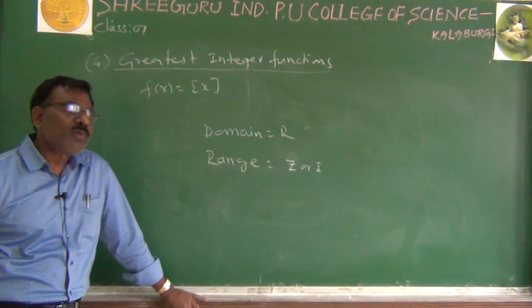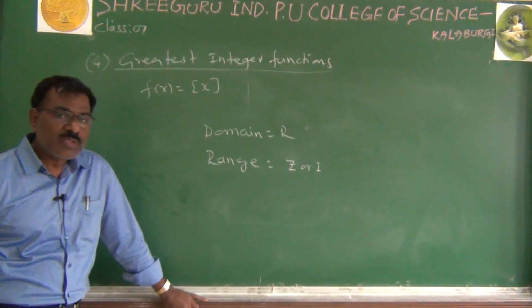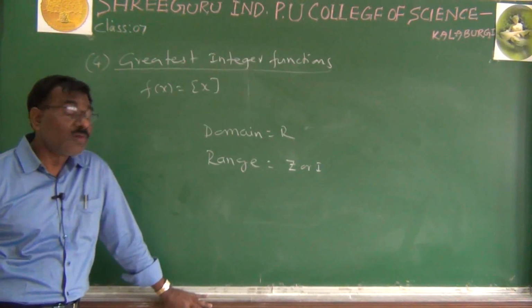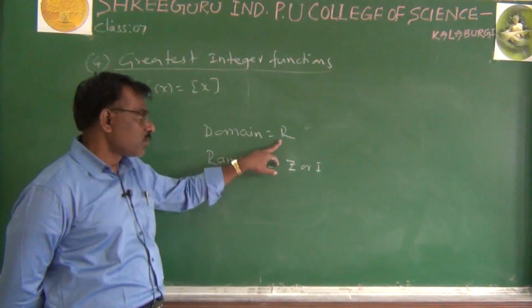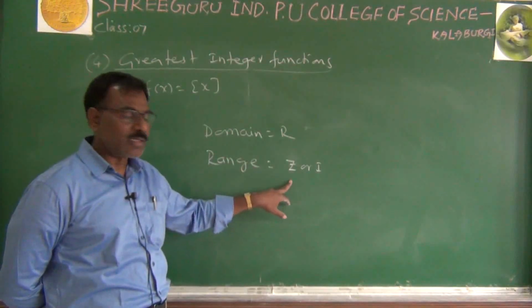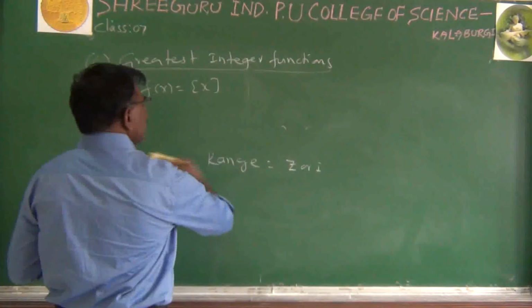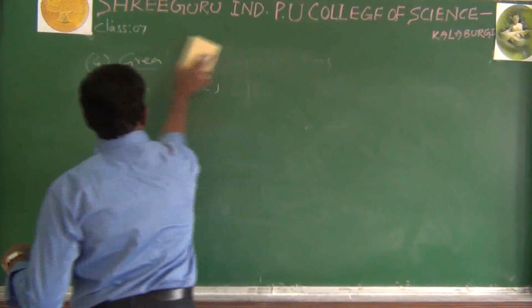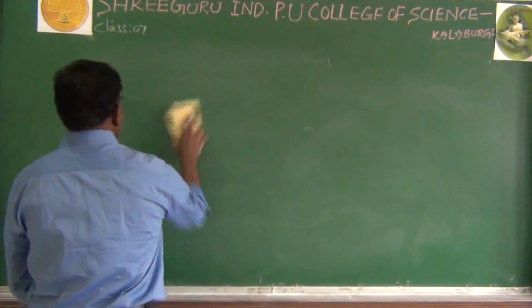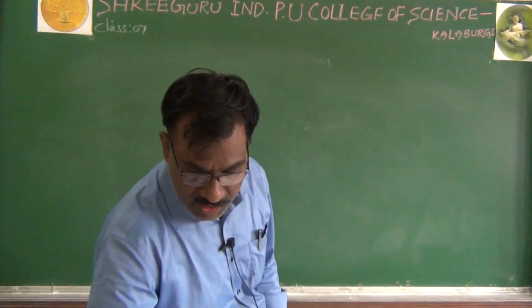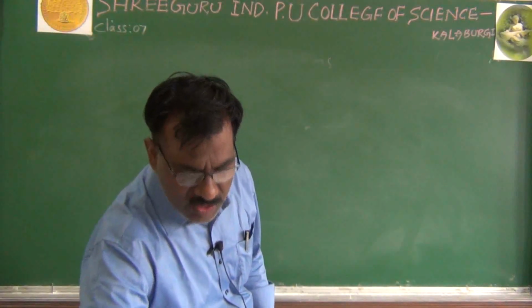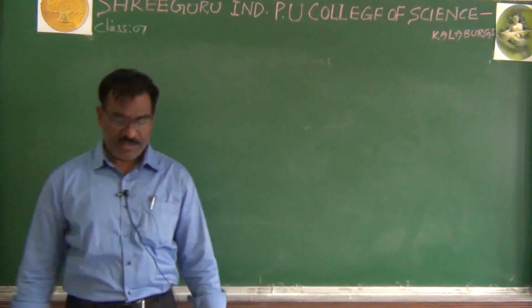In problems, when both are equal, onto function comes. These are types of functions. So here real number, here integer. What is the domain of greatest integer? Real number. What is the range of greatest integer? The range of greatest integer is integers.